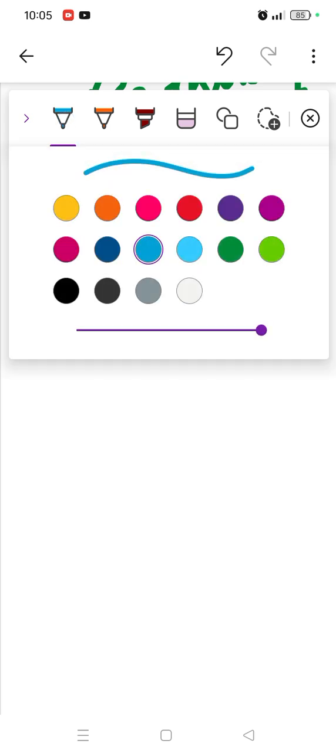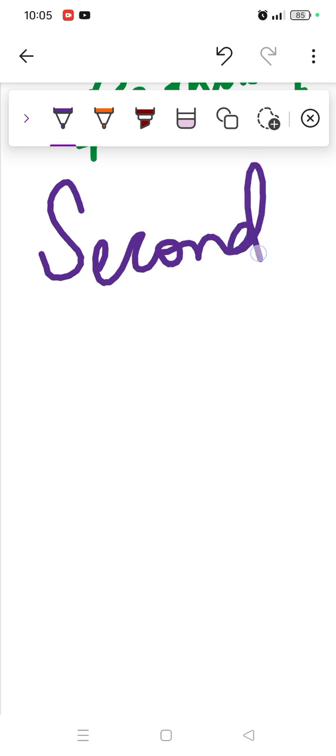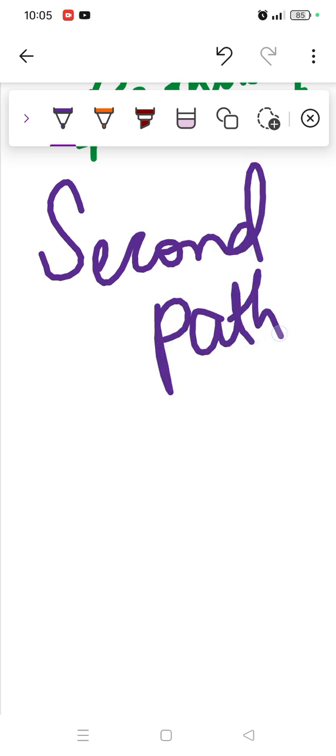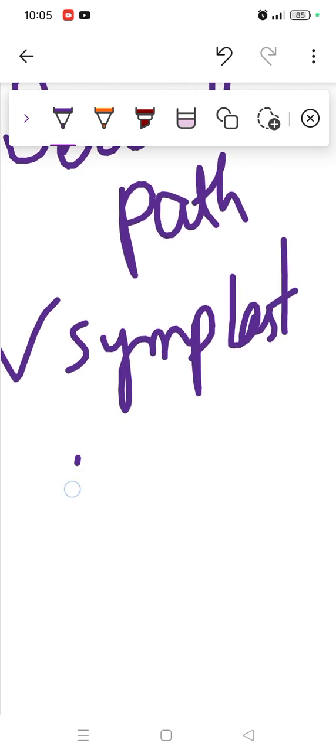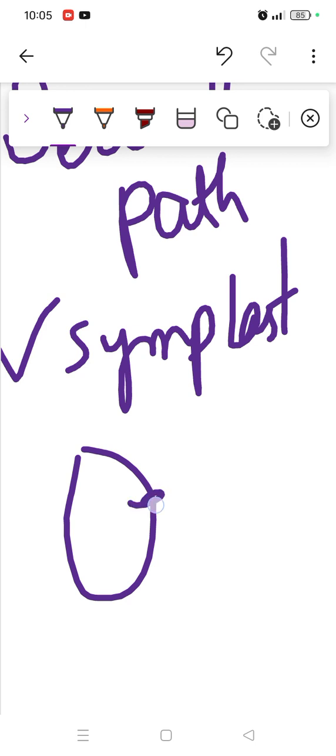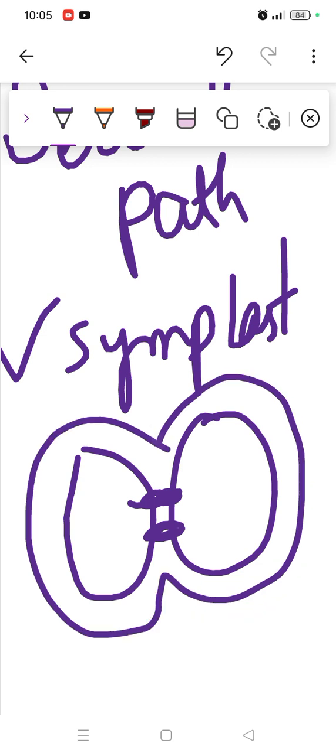Then comes our second part, which is called the second path. So here comes our second pathway. The second pathway is called symplast. If this is the structure, here we'll see a whole structure, which I've discussed in the last video about symplast.